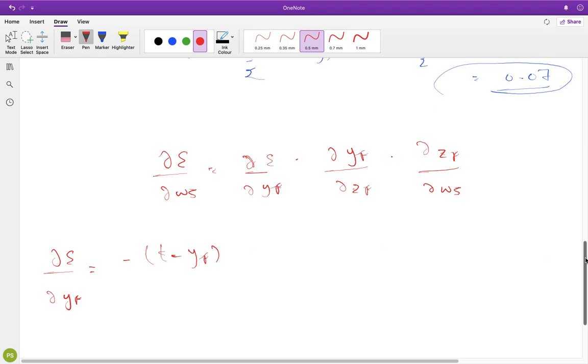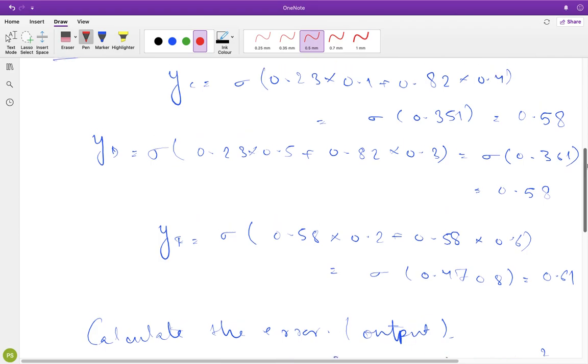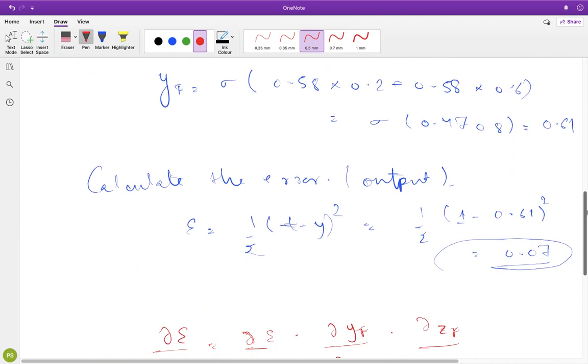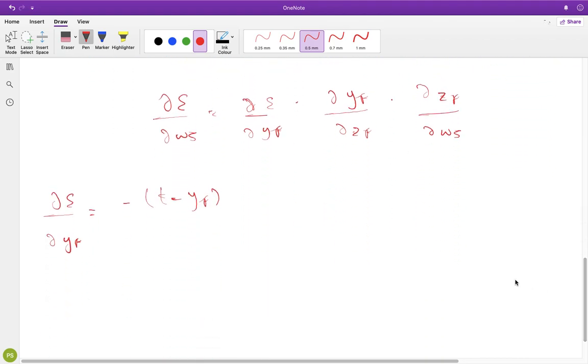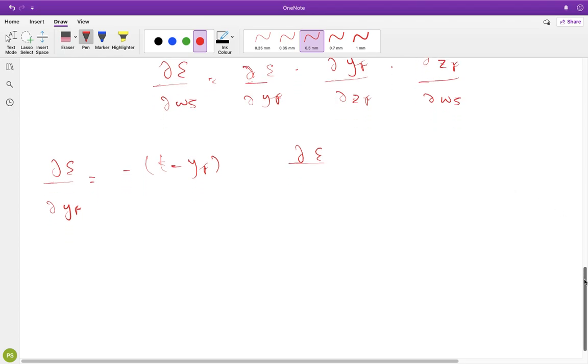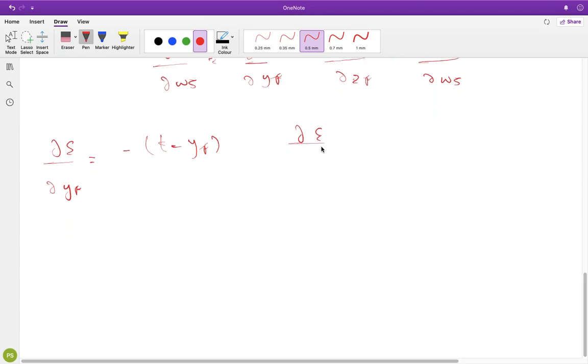We calculate the derivative of this error function with respect to y, and you will get this, and substitute y for yf. Similarly, we calculate dyf upon dzf, which is equal to yf times (1 minus yf).